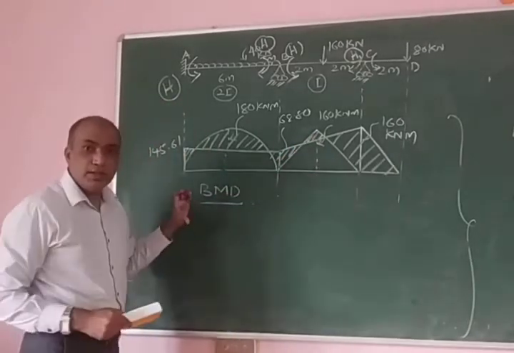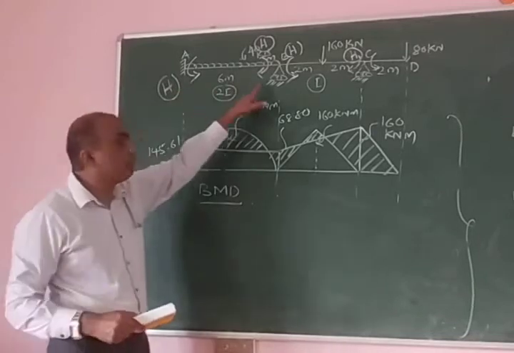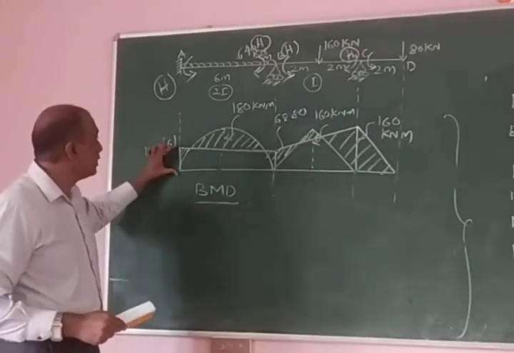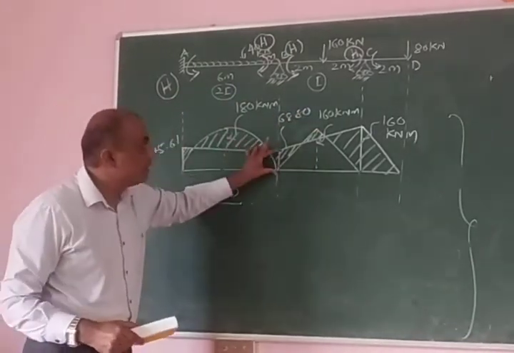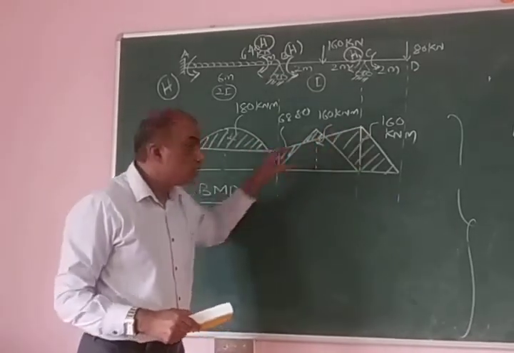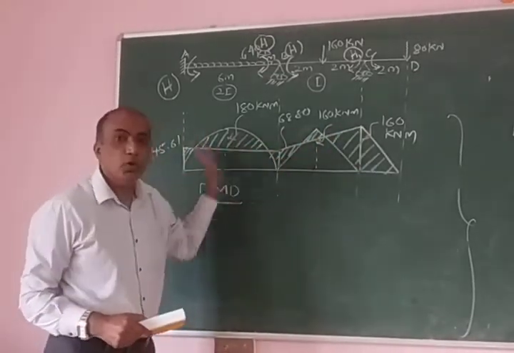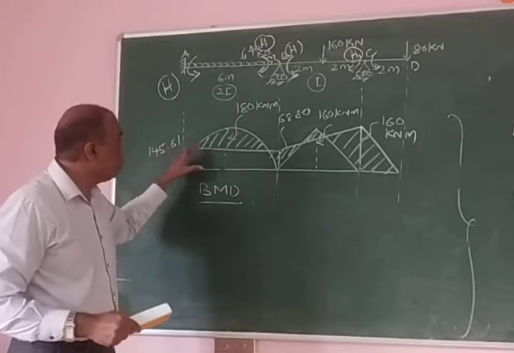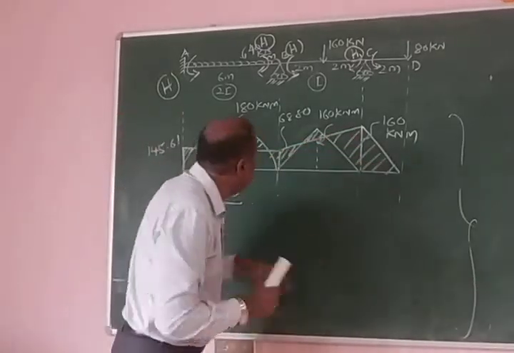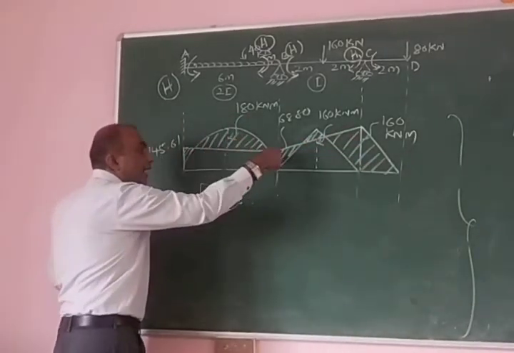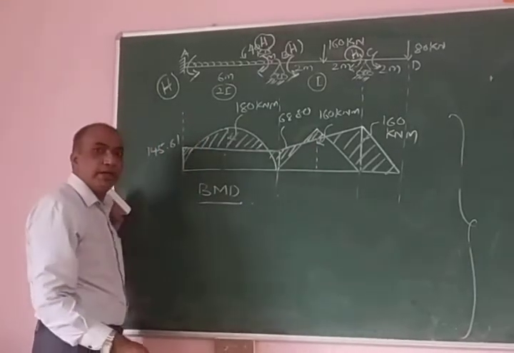Then superimposing the hogging moments, all the moments are hogging: 145.61, 68.6, 160. So we superimpose hogging over the sagging value, then join these hogging values and show the hatched area as the resultant bending moment diagram.